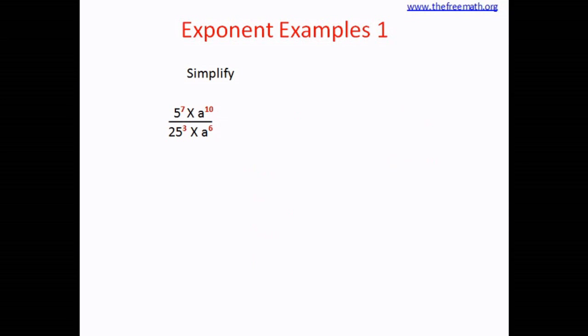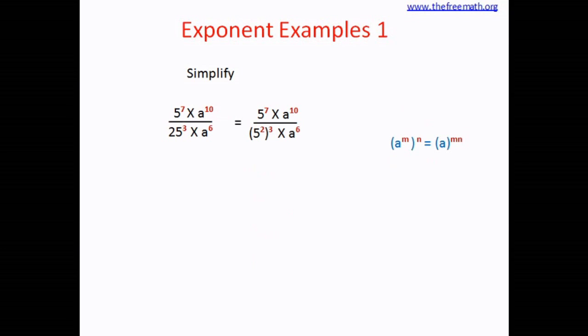So if we want to have the same base in the numerator and the denominator, let's write 25 in such a way where the base is 5. 5 squared equals 25. So if we replace 25 by 5 squared, the numerator remains the same, and in the denominator it looks like 5 squared to the power of 3 multiplied by a to the power of 6.